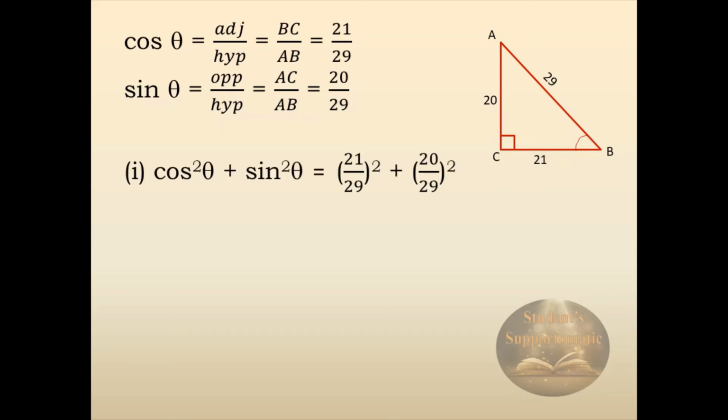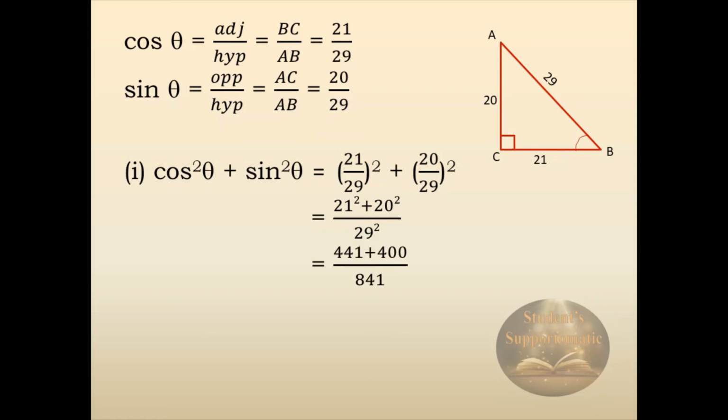So the first part, cos square theta plus sin square theta, is equal to 21 by 29 whole square plus 20 by 29 whole square. These are the values of sin theta and cos theta which we have written. So just squaring it, 21 by 29 square plus 20 by 29 square. The denominator is the same, so we will write it as 21 square plus 20 square, divided by 29 square.